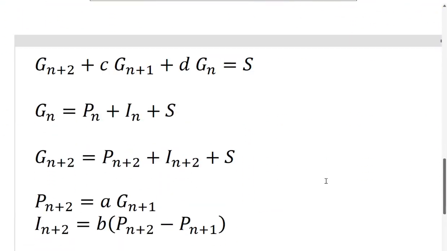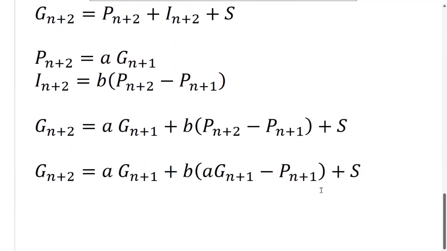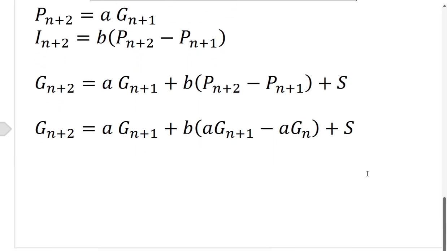Cool. Again, I'm flying through this so you can get to the good bit, but stop it and go look back. P n plus 1 is A g n. This does not look fun at all, but let's trust ourselves.